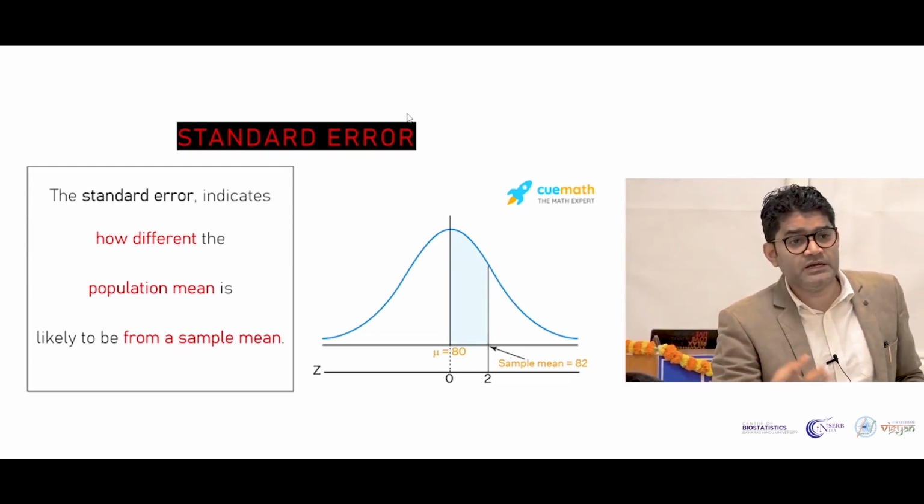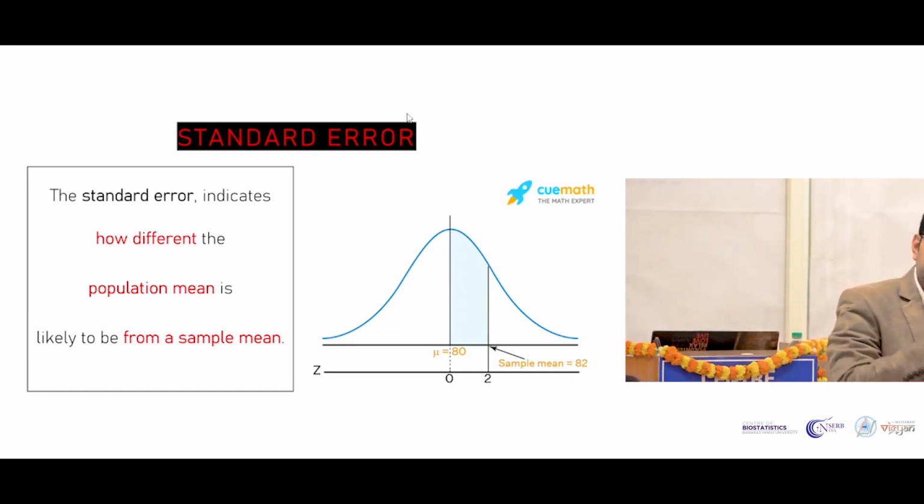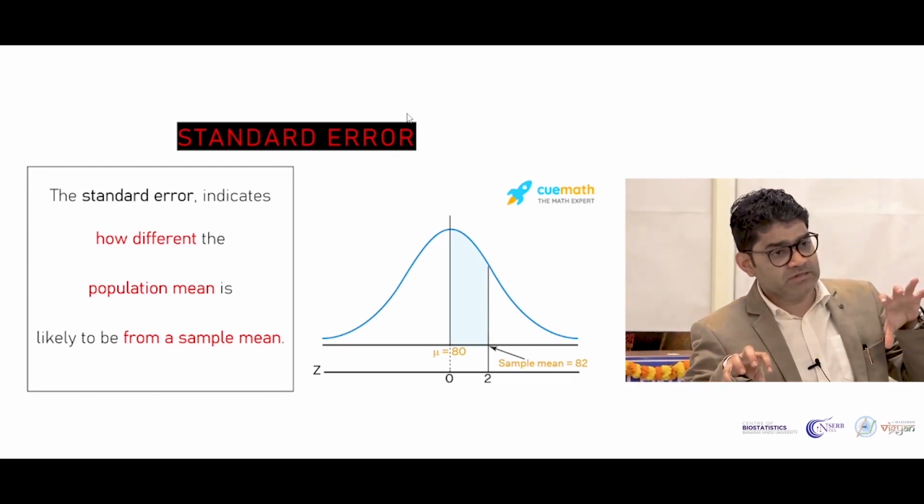So standard error is what? Standard error is the deviation of sample mean from population mean. If you are interested in the mean. In general, if we say, standard error is the deviation of sample characteristics from population characteristics.